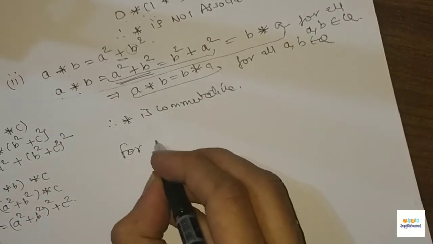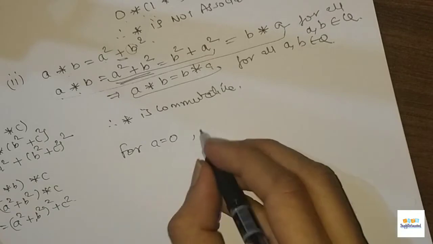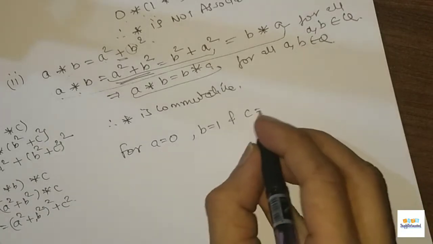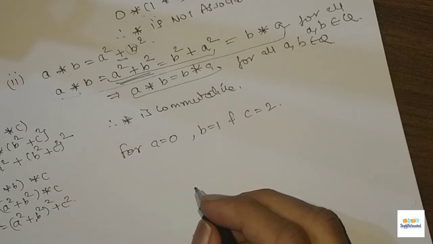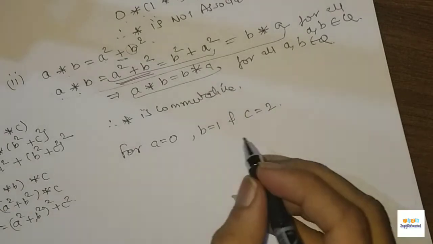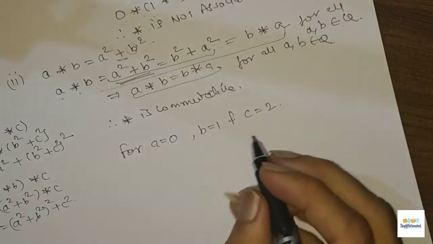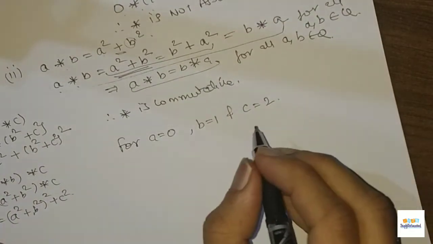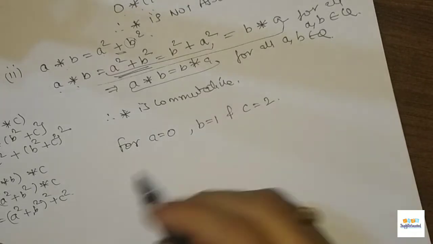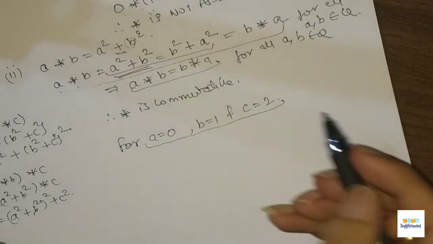So for a equal to 0, b equal to 1 and c equal to 2, we will check for this a, b and c, right? Now here also I am taking rational numbers, but they are integers, because integers are also rational numbers.